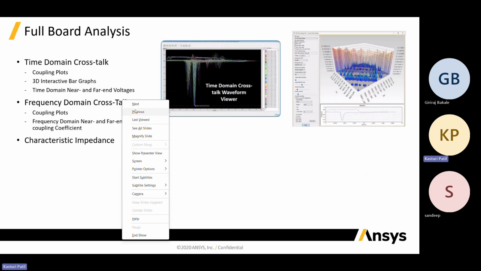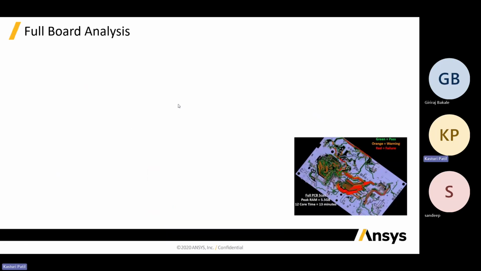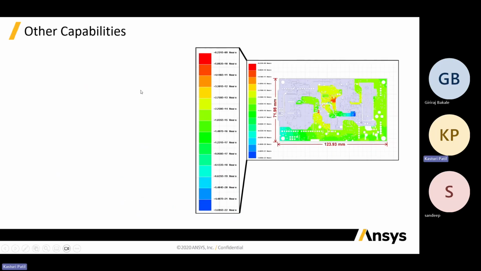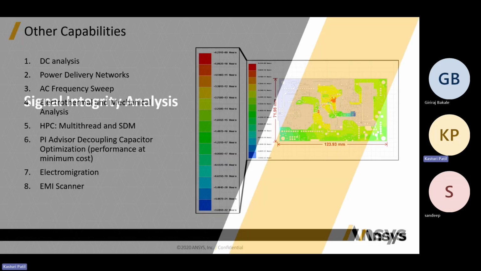We can also do this in Ansys Electronics SI wave. These are the other capabilities you can see on the screen: DC analysis, power delivery network, AC frequency sweep, and electrothermal analysis.